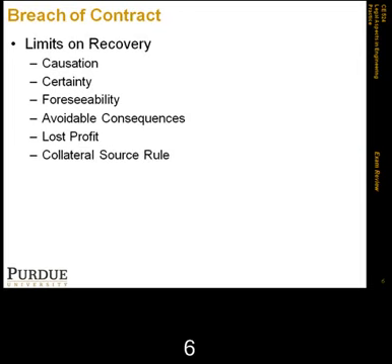The final limit here is what we call the collateral source rule, which basically is a rule that denies the defendant the right to deduct any amount recovered from third parties if they are considered to be something called a collateral source. So, for example, if you had recovered money from an insurance company, that still means that the person who breached the contract is still liable to you for the amount of loss that you've incurred.